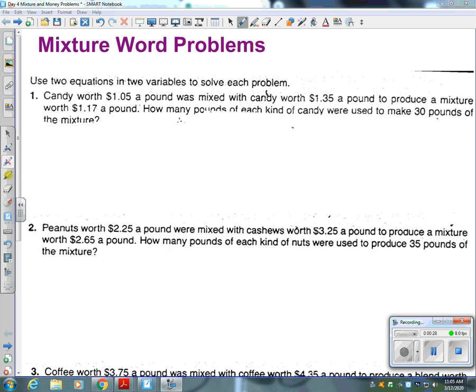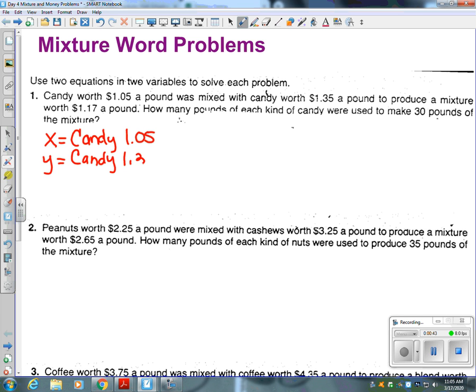Okay, so first of all, we're going to let X represent the candy that's $1.05 a pound. Then we're going to let Y represent the candy that's $1.35 a pound.